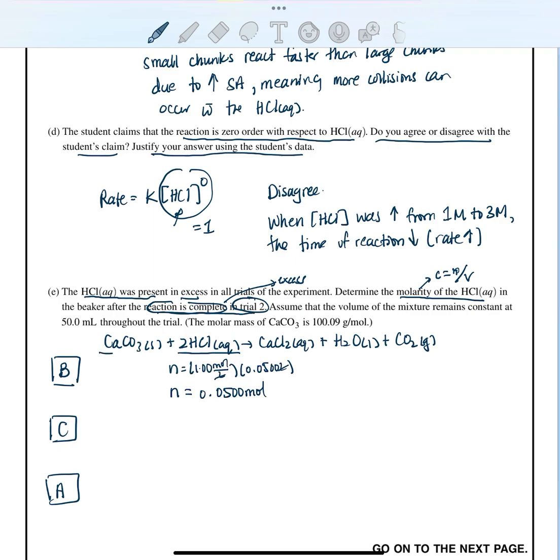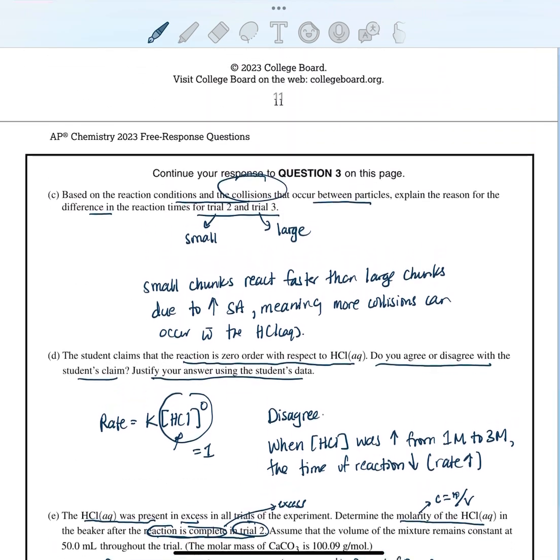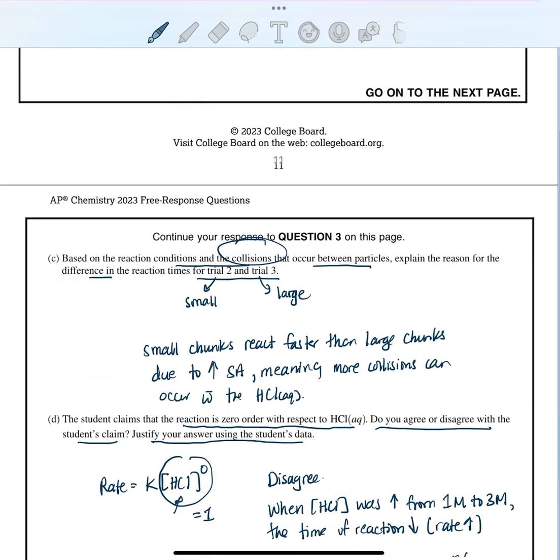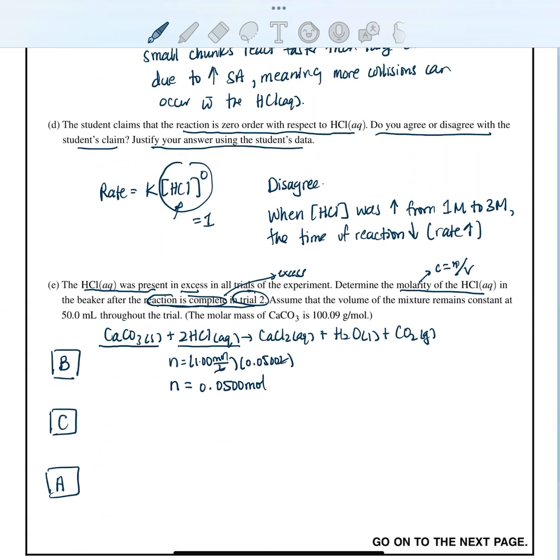And by the way, I can also change the calcium carbonate into moles. So n equals m over M, because if we go back to the question up here, I am using 1 gram of calcium carbonate in this reaction with my HCl. So 1.00 grams divided by the molar mass, 100.09 grams per mole.